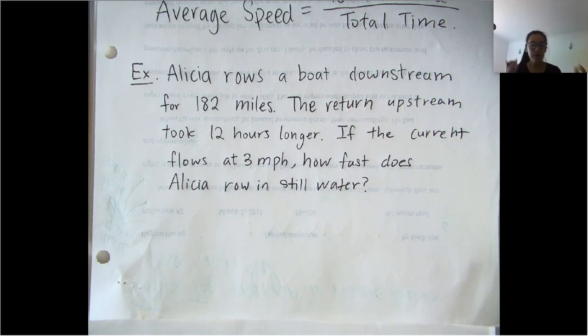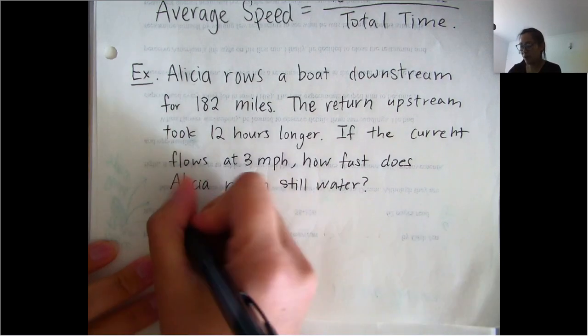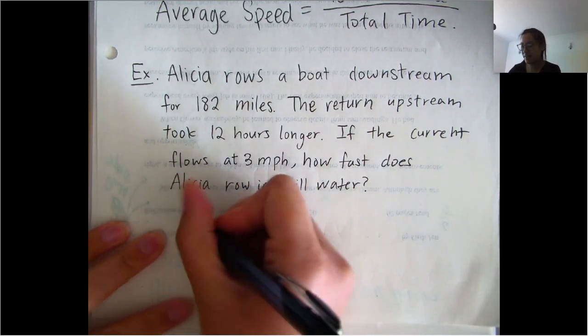So for these types of problems, I want you to always draw a table and organize your information. So we're always going to draw a distance, rate, and time table.